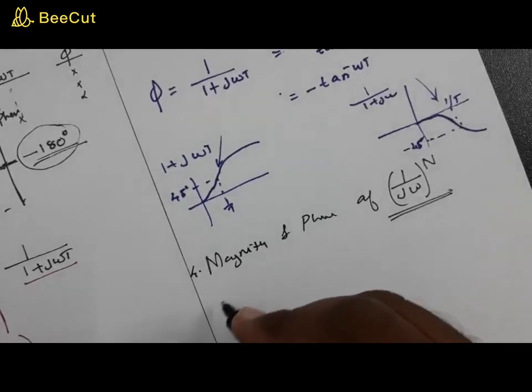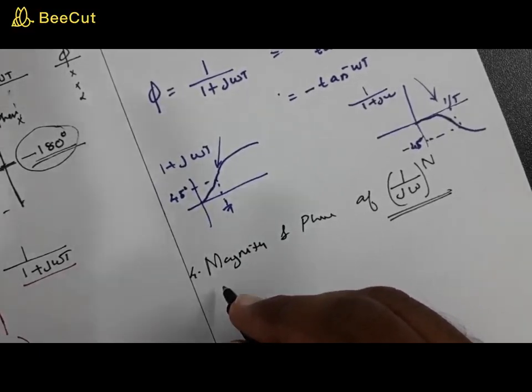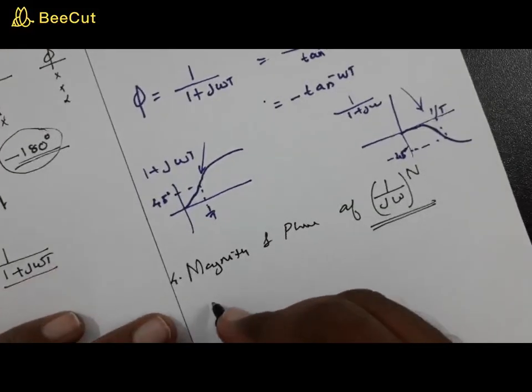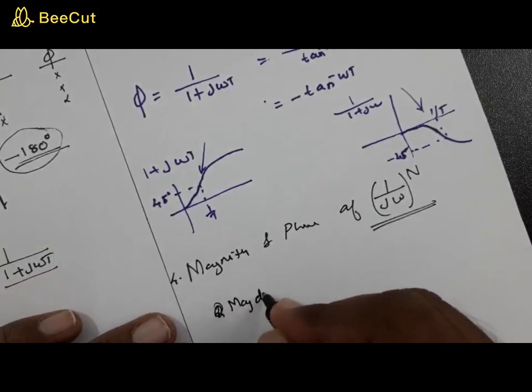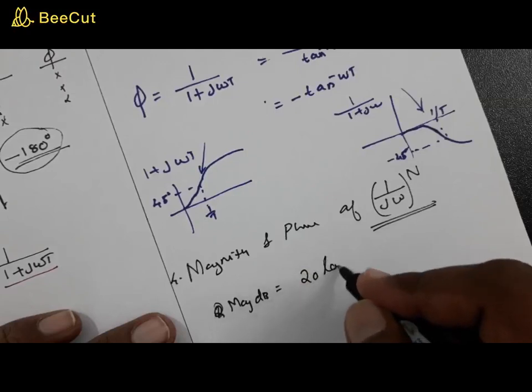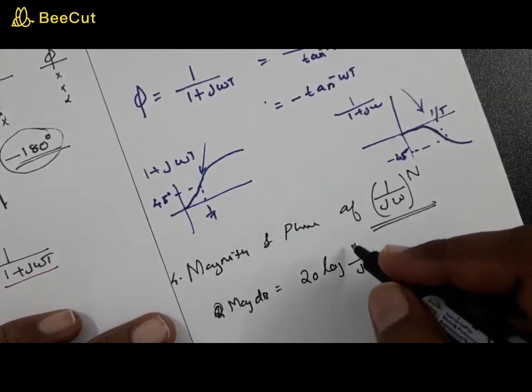Now, what is the magnitude of this term? That is 1 by j omega raised to n. So, now let us see how will you find out this magnitude. The magnitude in decibel is going to be 20 log of the magnitude of 1 by j omega raised to n.